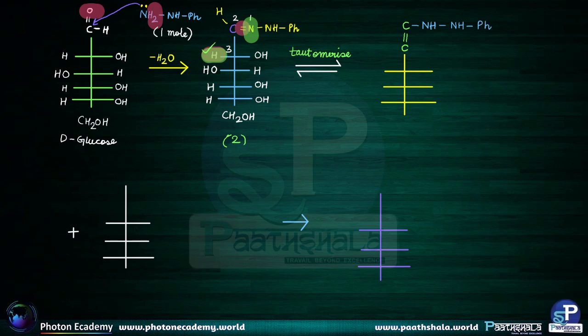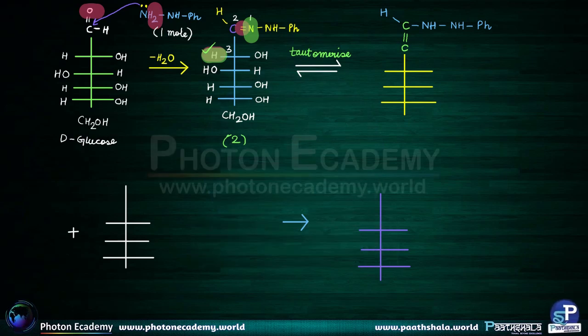So we have the same compound, but the position of the protons and the electrons have shifted, and this is what tautomerization is.